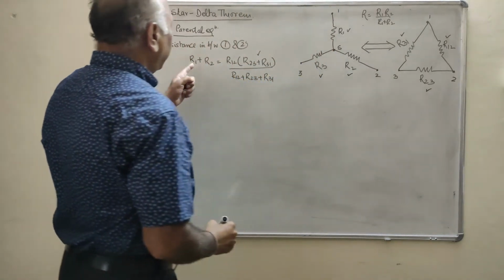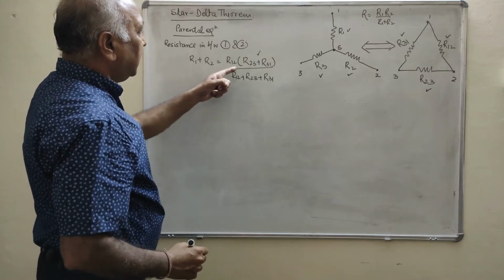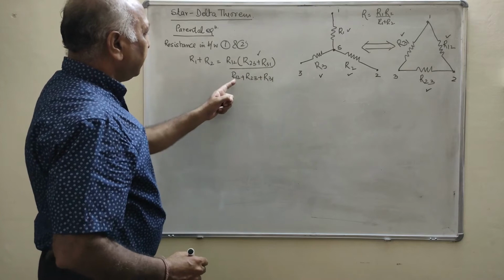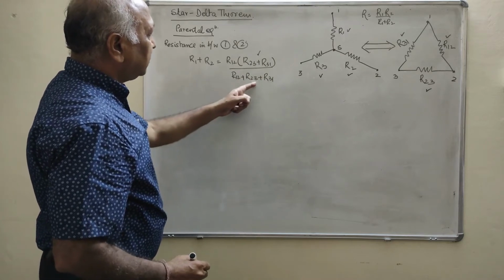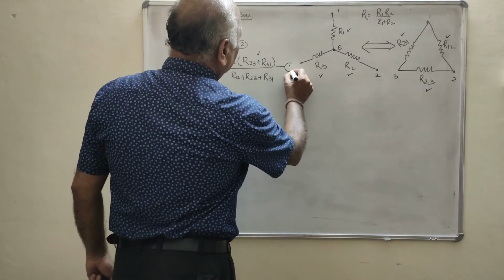That's why we write R1 plus R2 equal to R12 into R23 plus R31 upon R12 plus R23 plus R31. This is equation number 1.